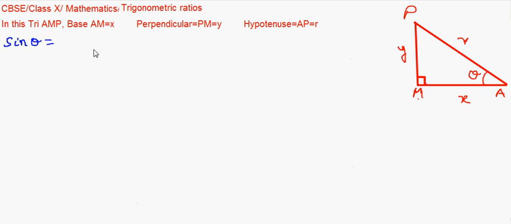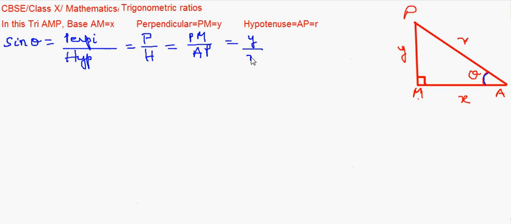Sine theta is given by perpendicular by hypotenuse, P by H. The perpendicular is PM, which is Y, and the hypotenuse is AP, so it is Y by R. You only have to remember P by H, and every time you get a question you can directly know which is your perpendicular and which is your hypotenuse.